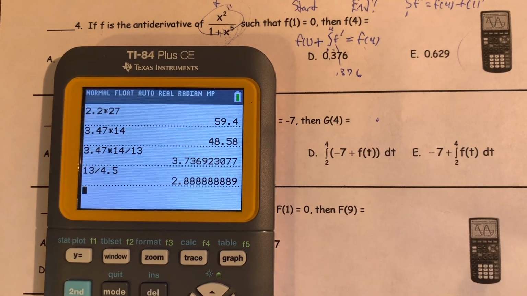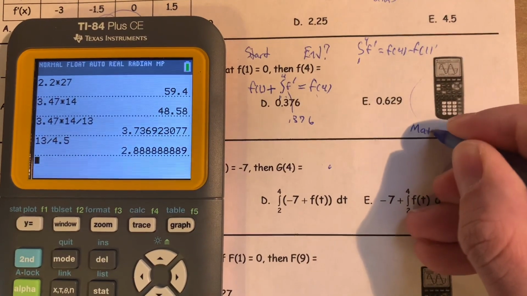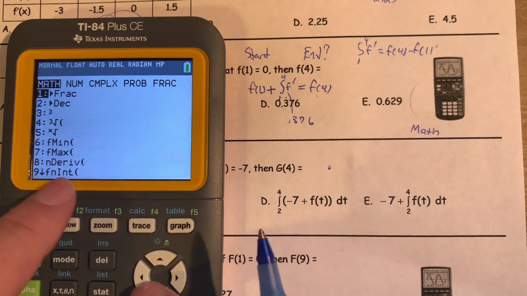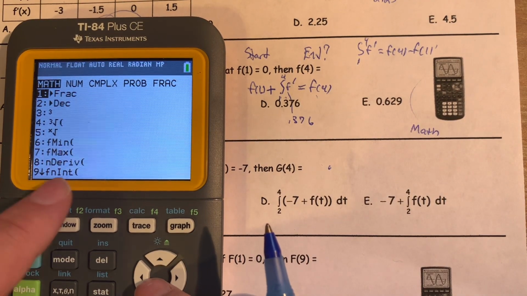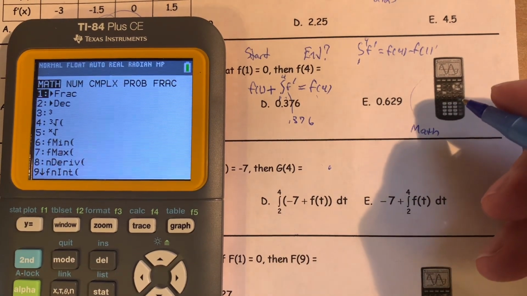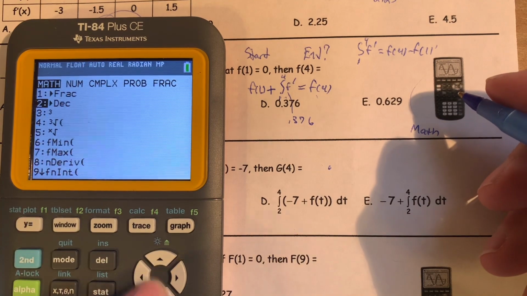Let me show you some other ways to do it. On the main screen, you can press math, and then 9 is the definite integral, the int. It can also do derivatives at a point. It can't find the derivative of a function, but it can do the derivative at a point.